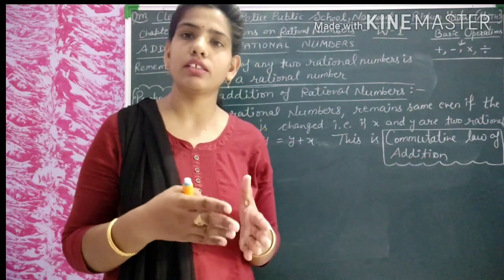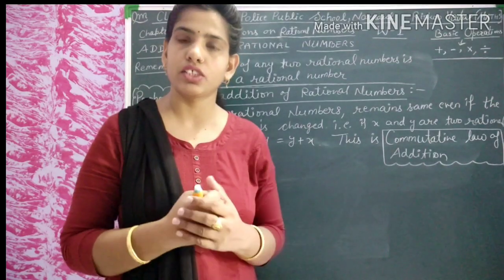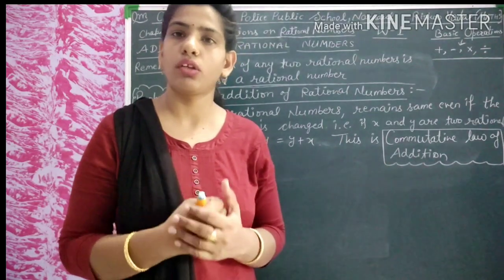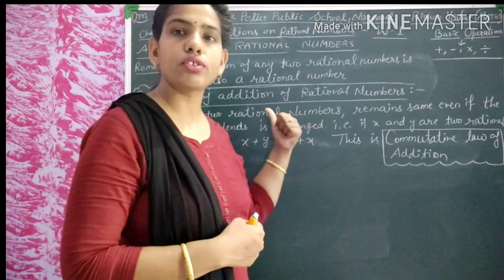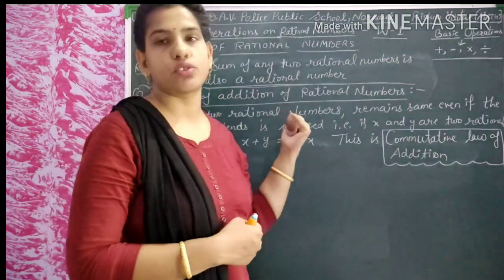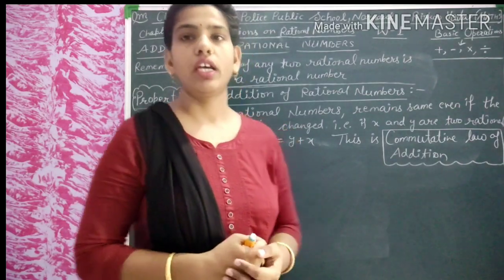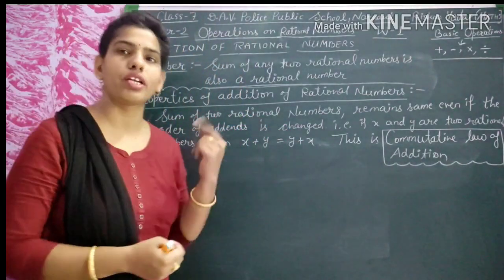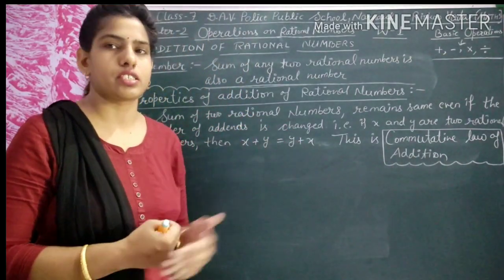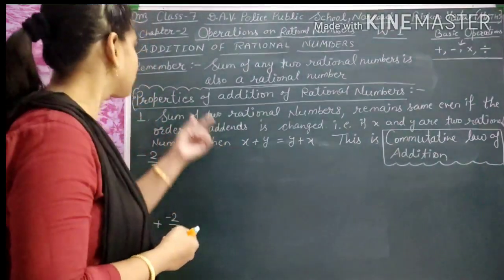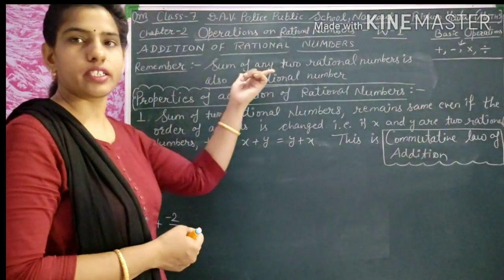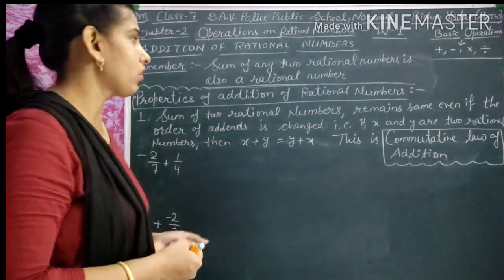We have read it in integers, natural numbers and whole numbers also, and it is also satisfied in rational numbers operations. That's the point to remember. Keep it in mind always.